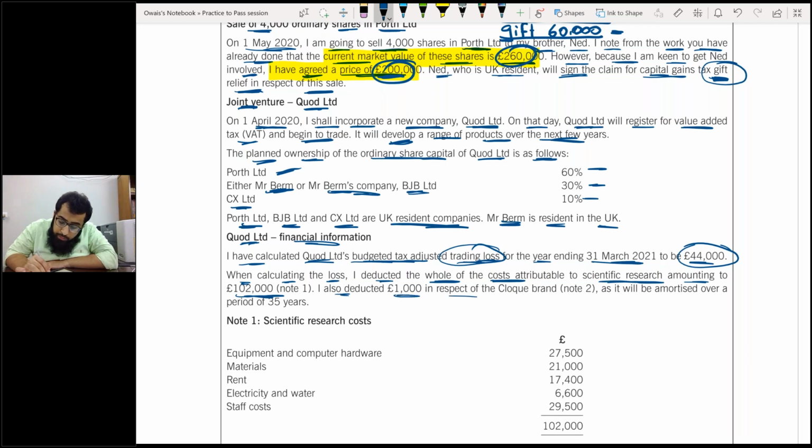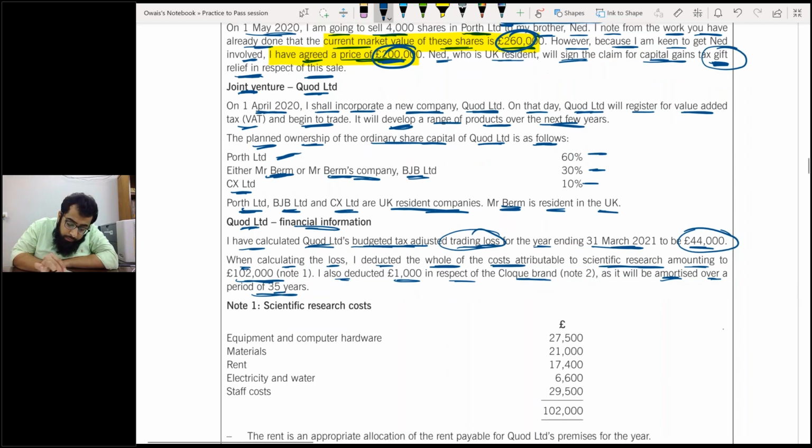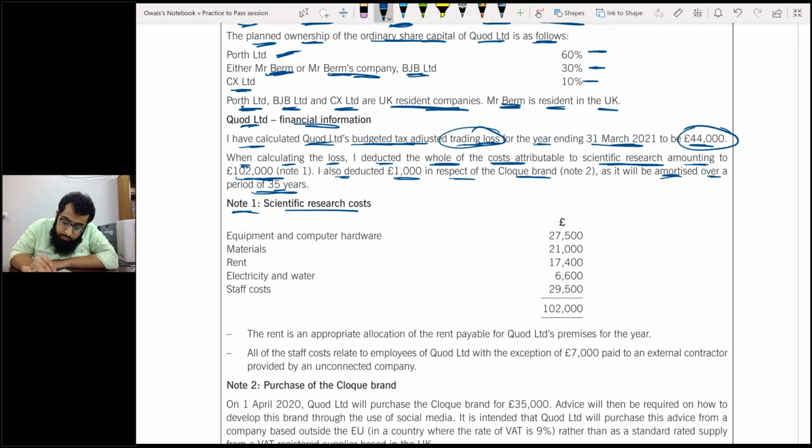I also deducted 1,000 in respect of cloak brand as it will be amortized over a period of 35 years. Now this is the note 1 scientific research cost. Equipment and computer hardware 100% relief.